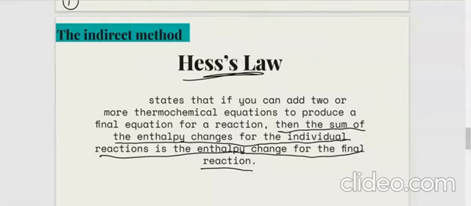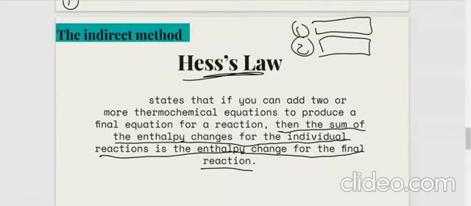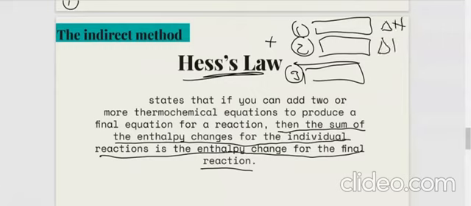Which means that if we have 2 reactions, 1 and 2, this reaction and this reaction, if we add them together to make a third reaction, which is right here, then the sum of both delta H of the first equation and the second equation will be the delta H of the third equation.